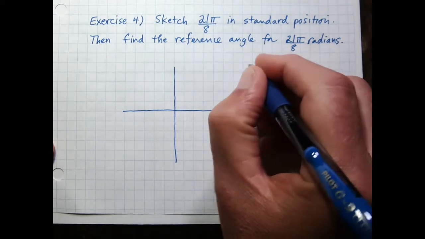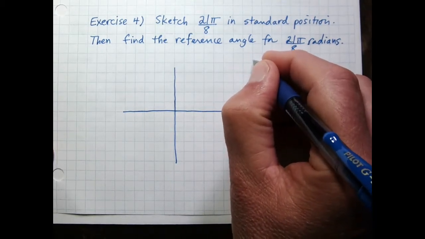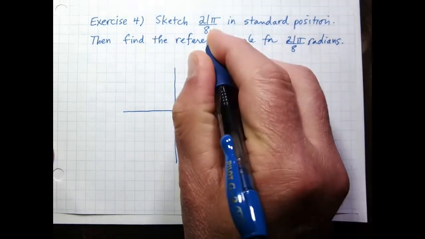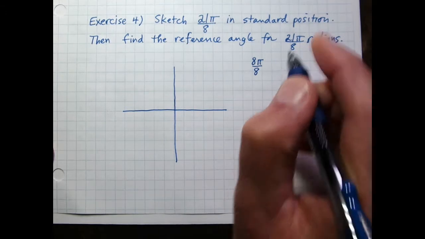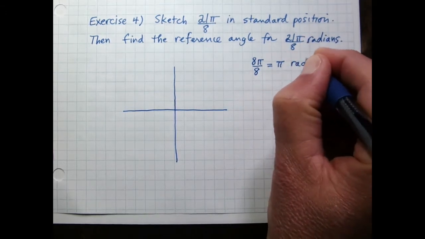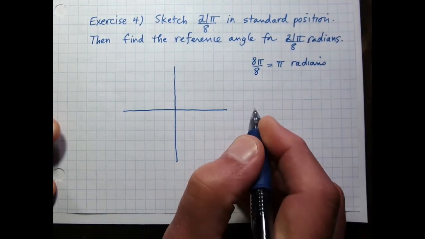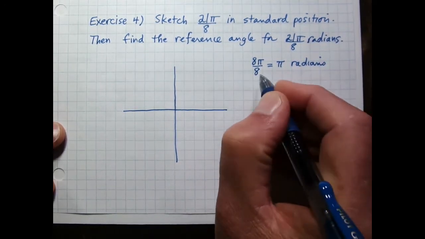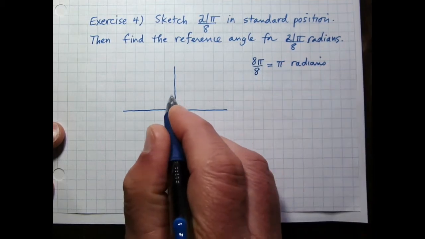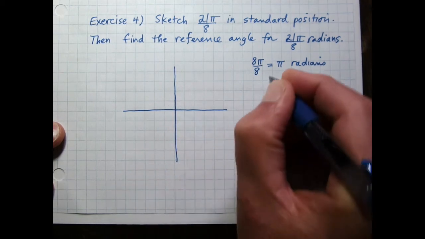To get a handle on some of these fractions that we deal with when we deal with radians, let's realize that if I wrote 8 pi over 8, using that denominator, that's equal to pi radians, right? So I can work from this 8 pi over 8 idea. I know 8 pi over 8 would give me 180 degrees, or pi radians.